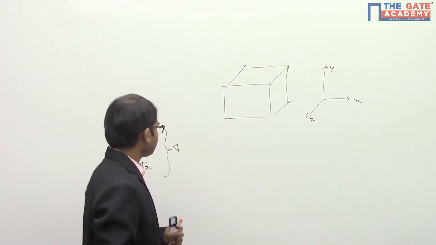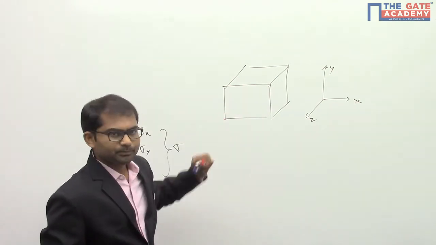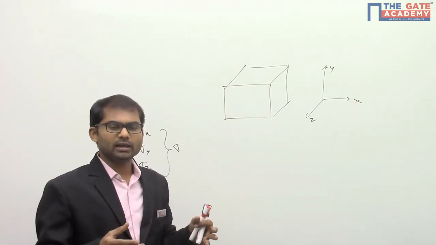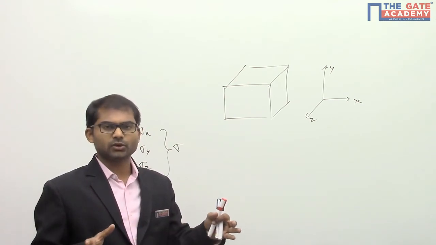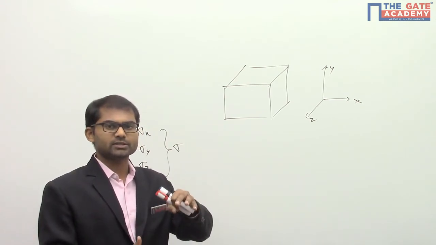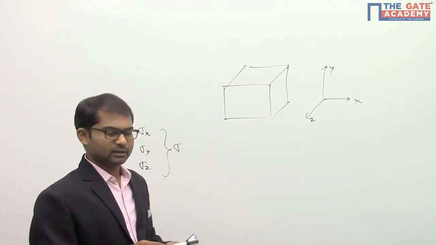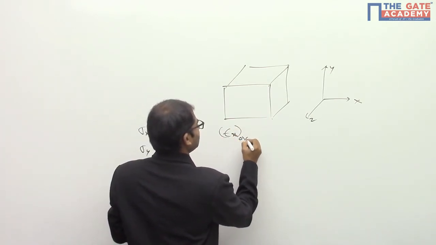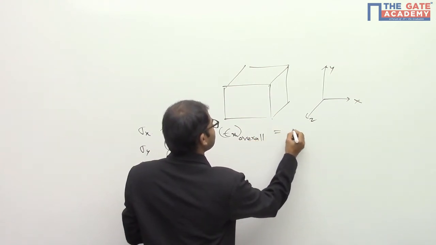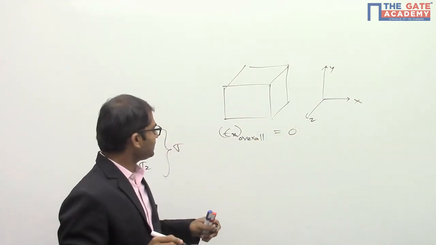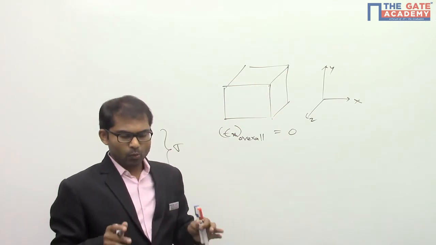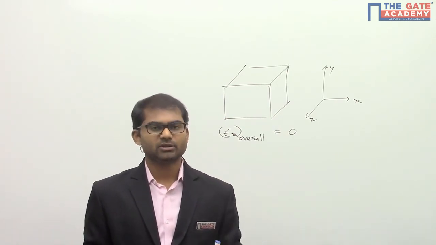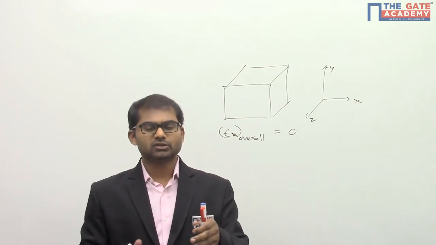If you take this particular member, it has strain equal to 0 in every direction: strain in x direction is 0, strain in y direction is 0, strain in z direction is 0. I will take strain overall in x direction equal to 0. I am putting the suffix 'overall' because whatever strain is produced, that is change of dimensions relative to the original dimensions, is because of 2 cases.